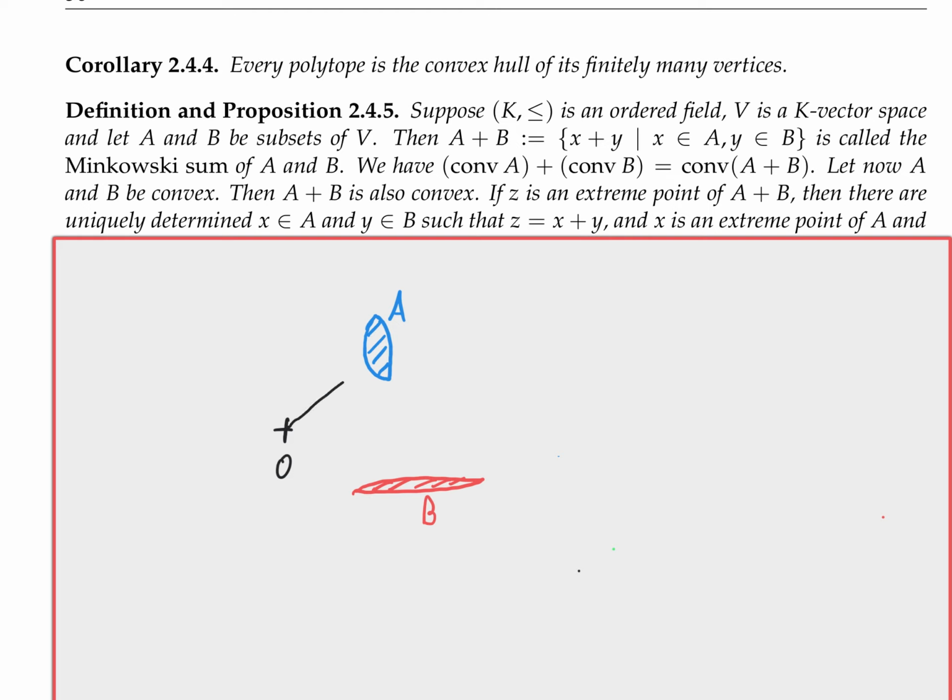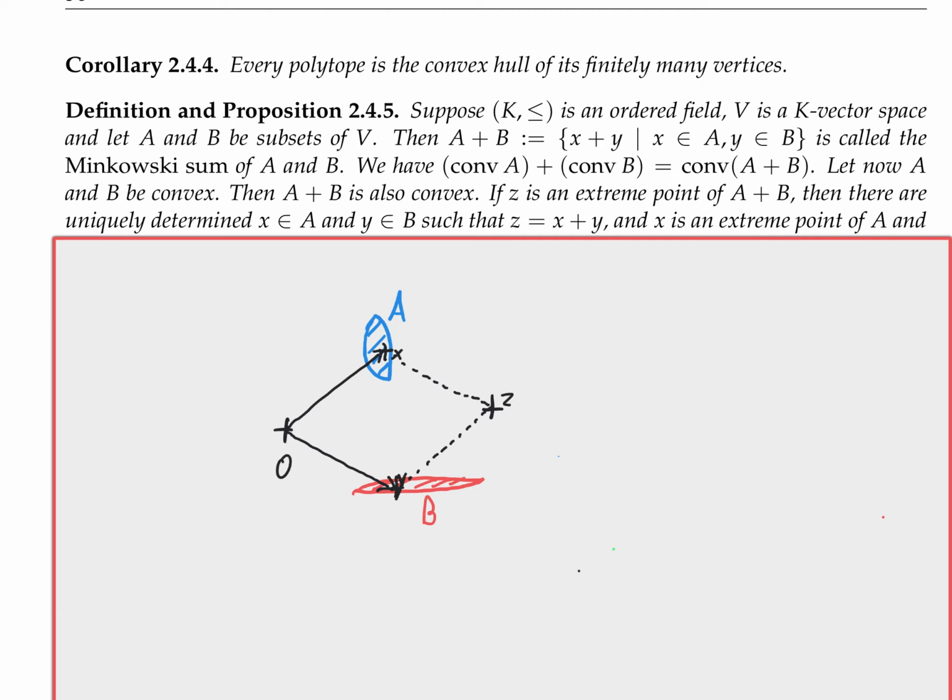Well, we have already explained this, but maybe you could also explain it in this way. You take here a point of A and a point of B, and you add them. I can symbolize this by such a parallelogram. So this is x here, this is y, and this is z.